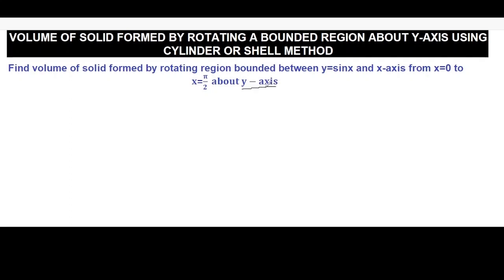Like before, first we will identify the region and then rotate this region about the y-axis to get the solid. Then first we are going to check if the disc method is applicable or not. If not, then we are going to go for the cylindrical or shell method.